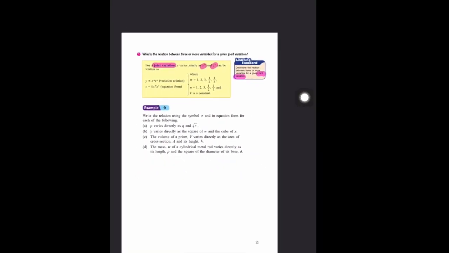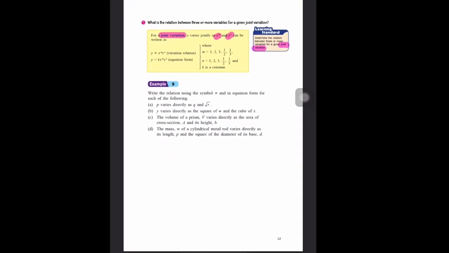So we look at the first example. P varies directly as Q and square root of R. Then the equation form is P equals kQ square root of R. B, y varies directly as the square of w, so w square, and cube of x, so it is x cube.